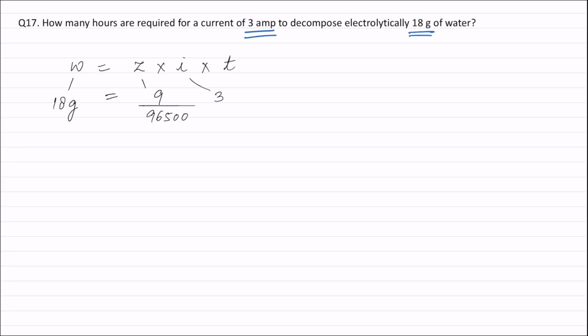Therefore, to get the time in hours, the value of T will be equal to 18 into 96500 divided by 9 into 3 into 3600. Solving this, the time is equal to 18 hours.